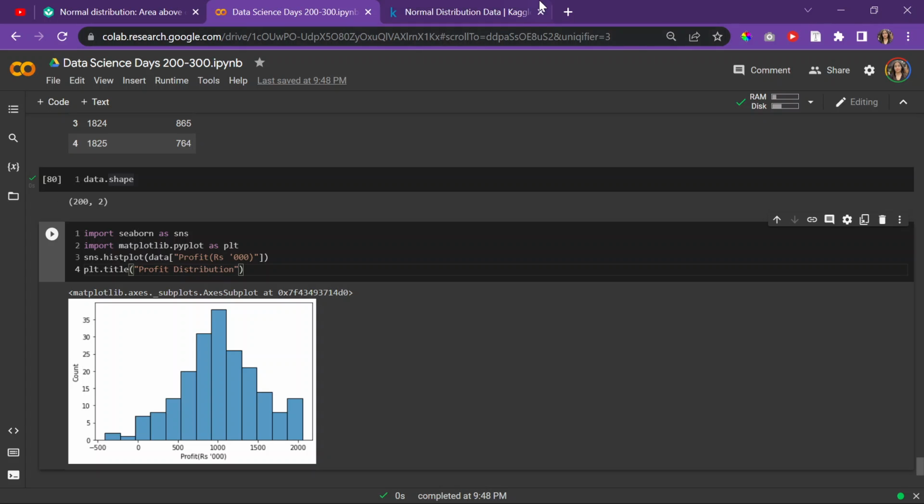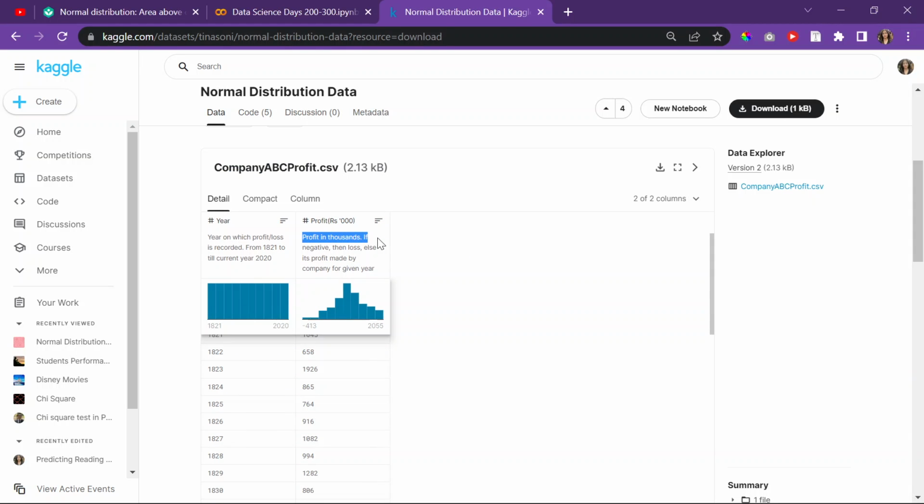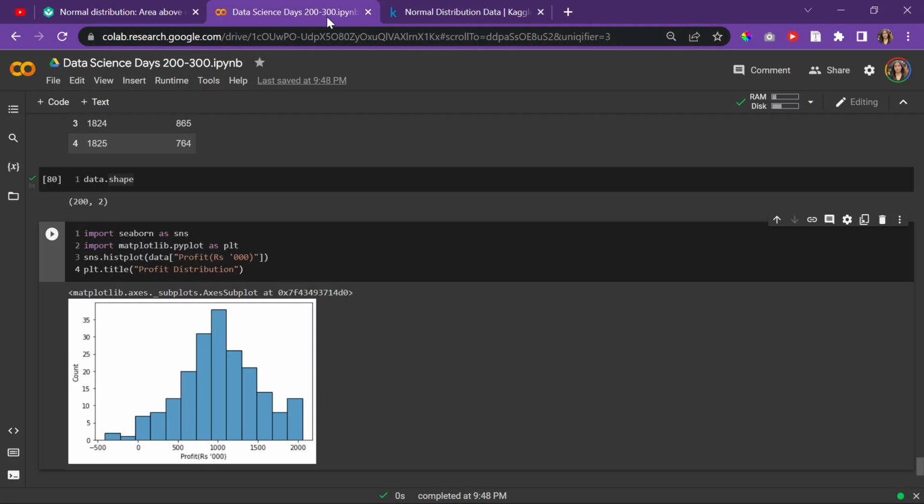First of all, let me actually see what this data set's about. So it's a company ABC profit. Okay, over here, profit in thousands. If negative, then loss, else it's profit made by company for given year. Interesting. So profit in thousands, so the profit of a company. Okay. Profit distribution. Interesting.